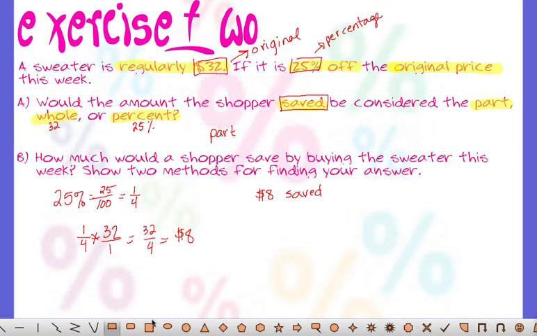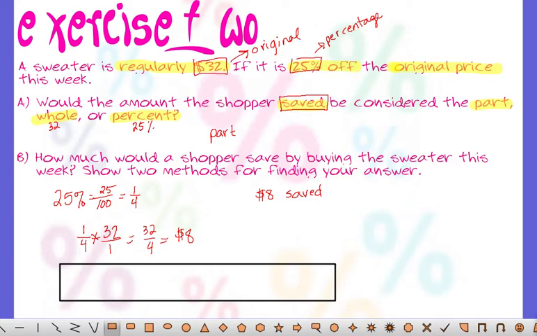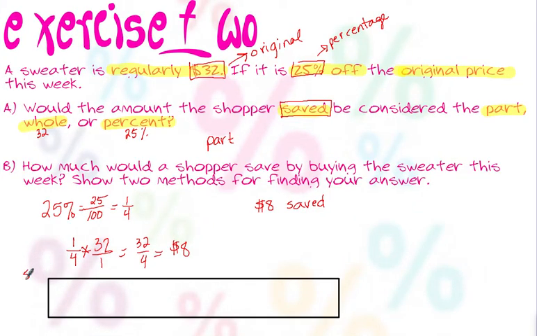With our model, again, we're going to use that double number line representation. We have the dollars and we have the percentage, and we start both at 0. Our total for our percentage is always the whole of 100%. We know that the regular amount this time is 32.